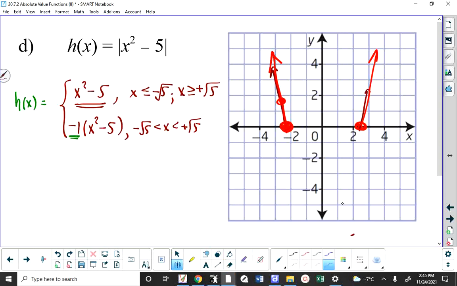Going back to this which I just erased, is the absolute value needed here down below? Yes, it is. And how do we handle that? We remove the absolute value and multiply everything by negative 1, so everything gets folded up. Which means that these two things together are the absolute value of x squared minus 5. The two red arms are where the absolute value wasn't needed.